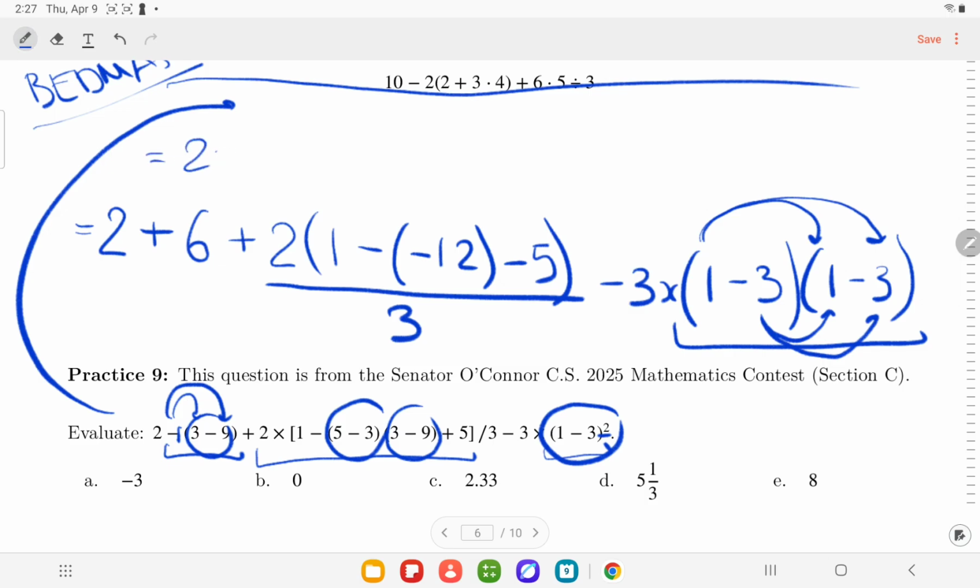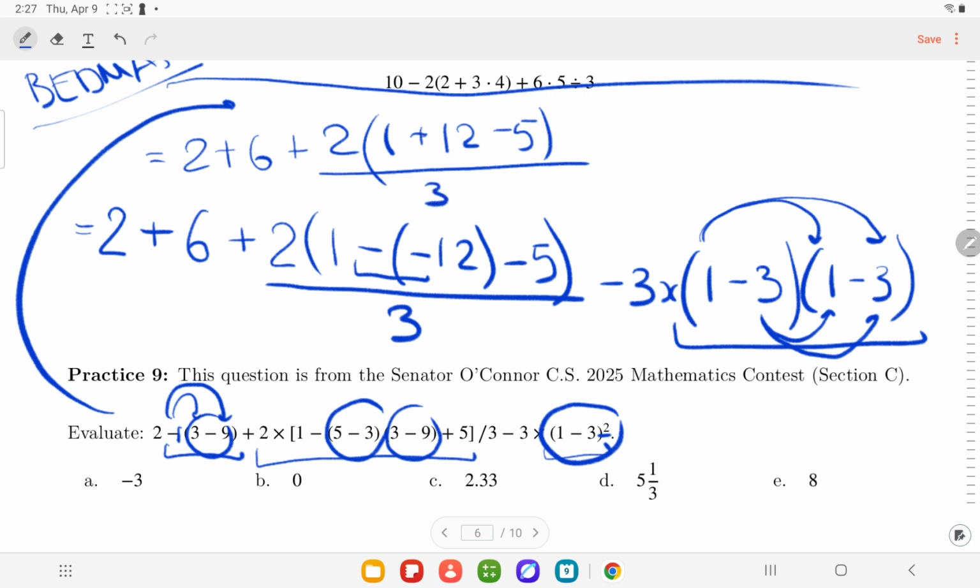So we have 2 plus 6 plus 2 times 1, and then negative times negative is positive, so we're going to have plus 12 minus 5 divided by 3 minus 3x, and then we can start to deal with these two brackets here.